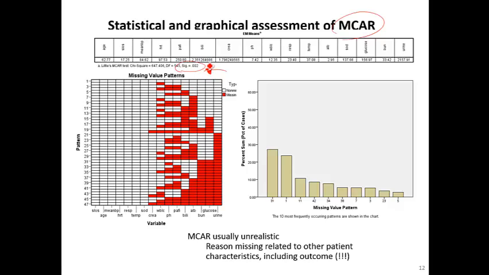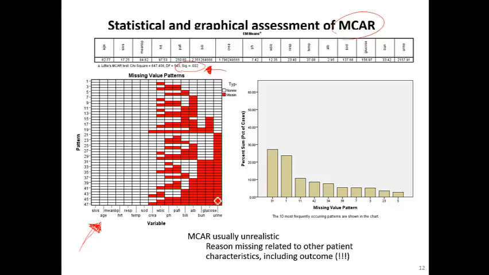SPSS also provides nice graphical presentations. If the missing are happening completely at random, you see red scattered around this graph, and you shouldn't be seeing any patterns where the red or whites are.